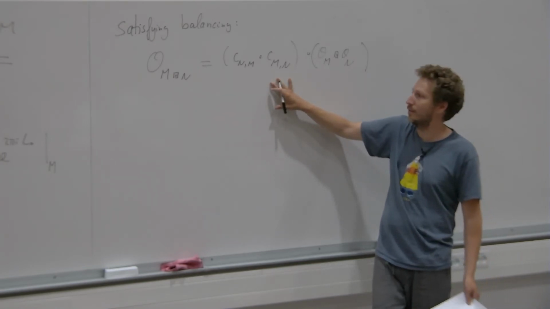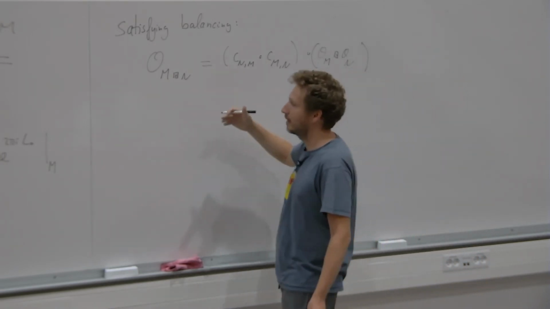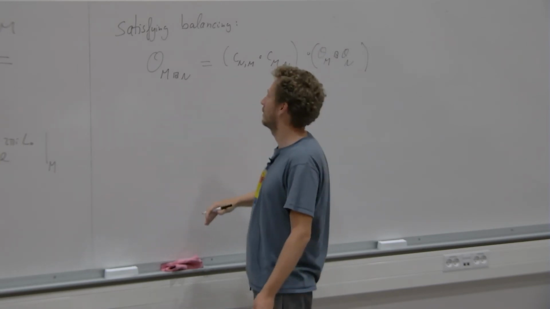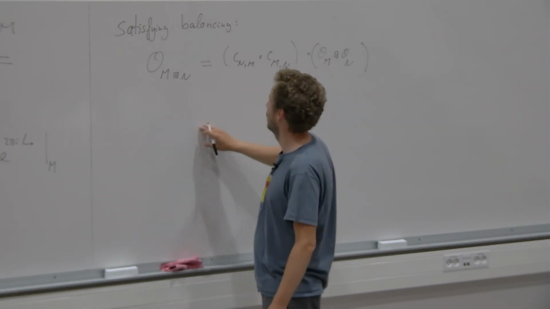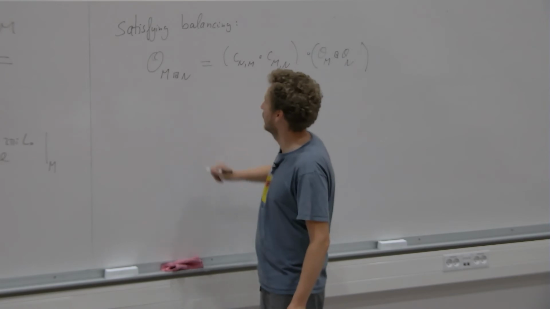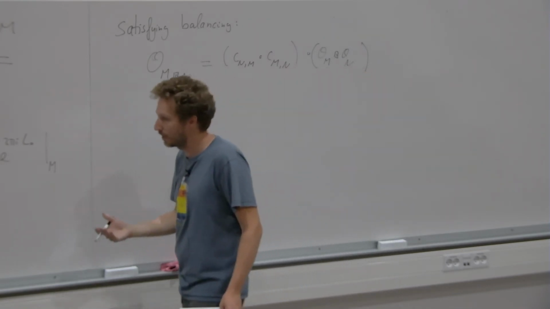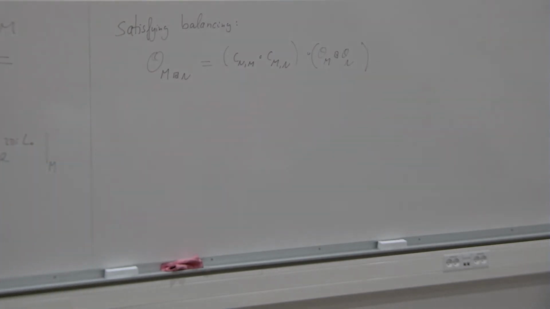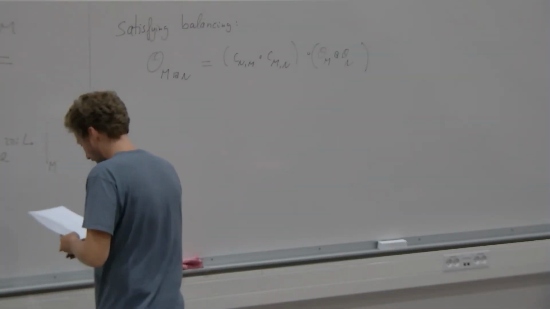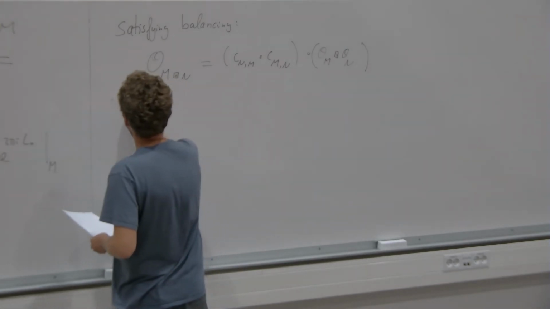And in a general non-symmetric braided tensor category, it is compatible in the sense that the tensor product of the twists is the twist of the tensor product up to monodromy. Excellent. And finally, the last thing is associativity.